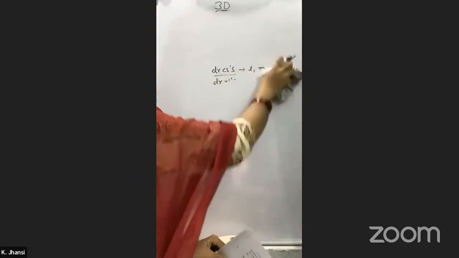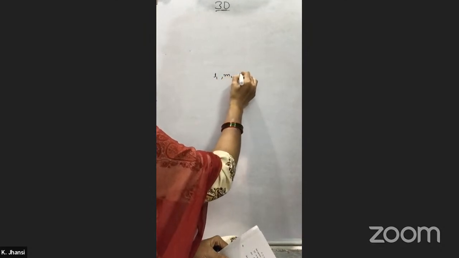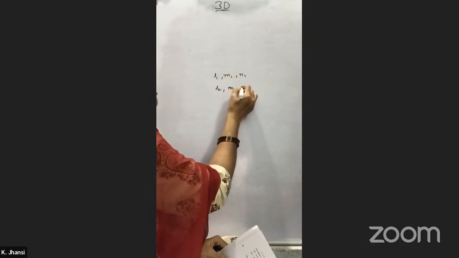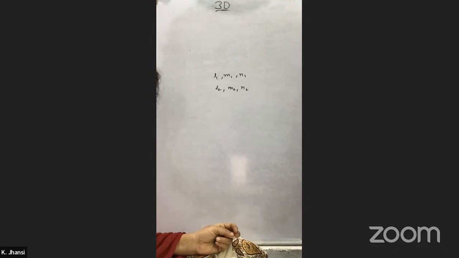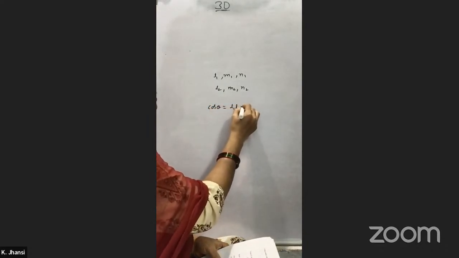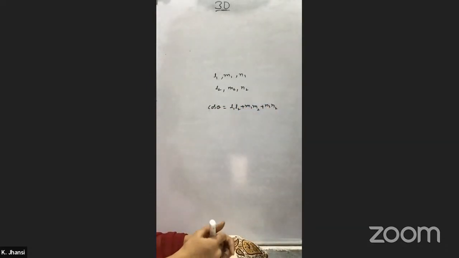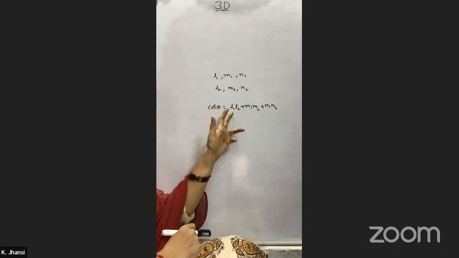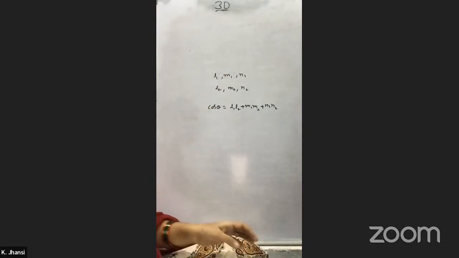When two direction cosines are given, like l1, m1, n1 and l2, m2, n2, then the angle between the two lines having these direction cosines is usually taken as cos theta equals l1 into l2 plus m1 into m2 plus n1 into n2. This is the angle between the two lines having these two direction cosines. So remember this. This formula is important for solving the problems.